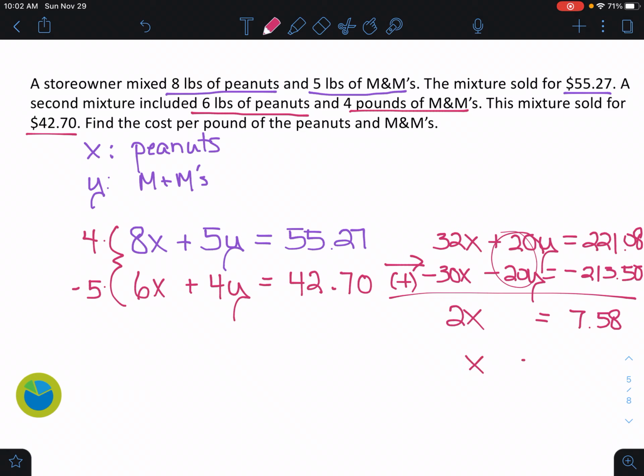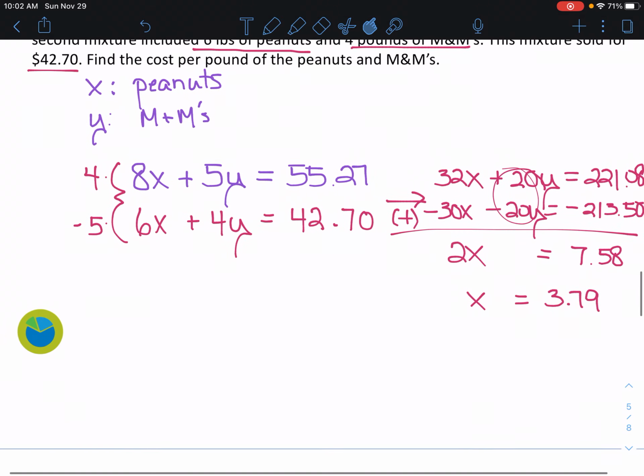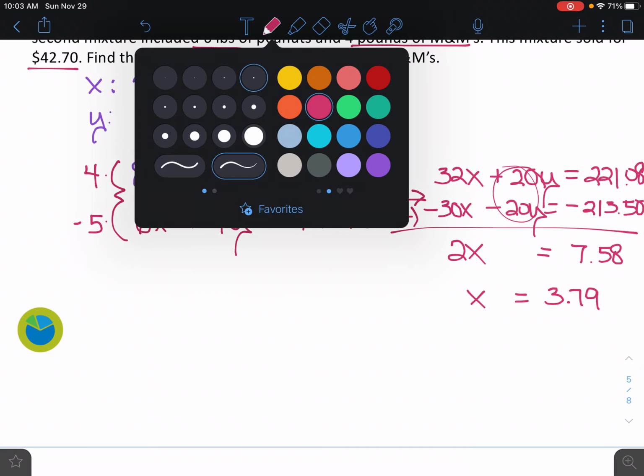Remember, this is cost per pound, so I want to go to the nearest penny. It ends up being just $3.79 exactly anyways. So that is the price per pound for peanuts, is $3.79. We still need to find what M&Ms are. So let's take a little bit more time to do that.